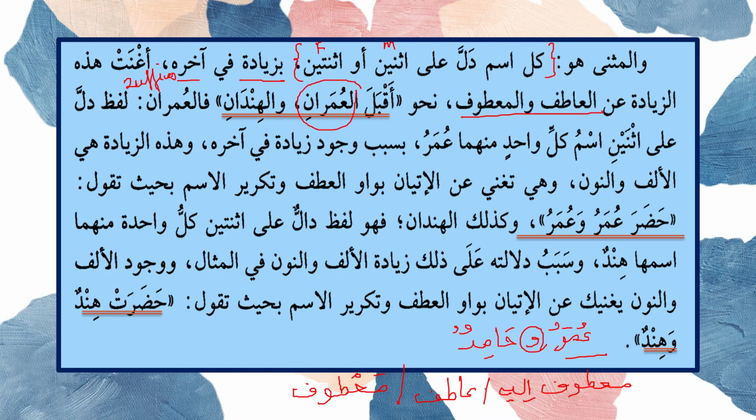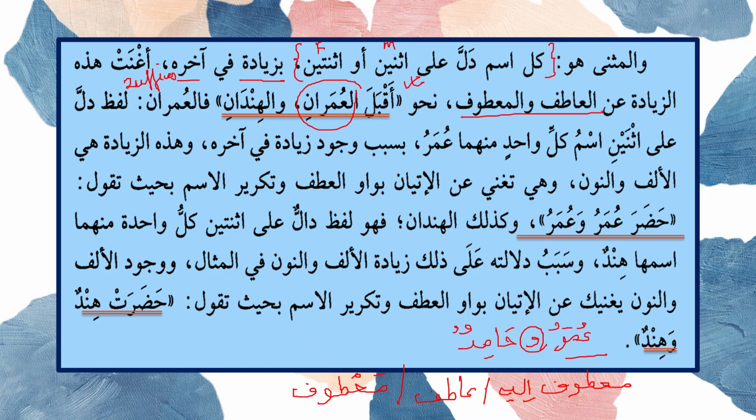So if you see the example, Aqbala Omaran wa Hindan. So instead of saying Aqbala Omaru wa Omaru wa Hindun wa Hindun, I just said Aqbala Omaran wa Hindan. So it's much easier and logical to say that, right?